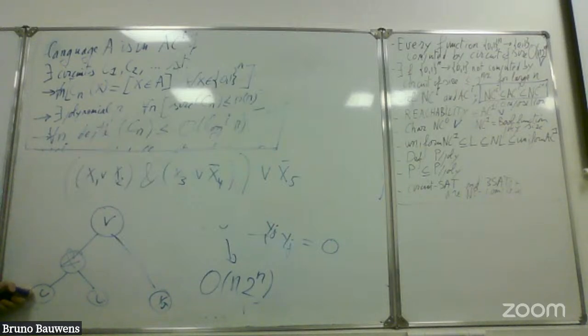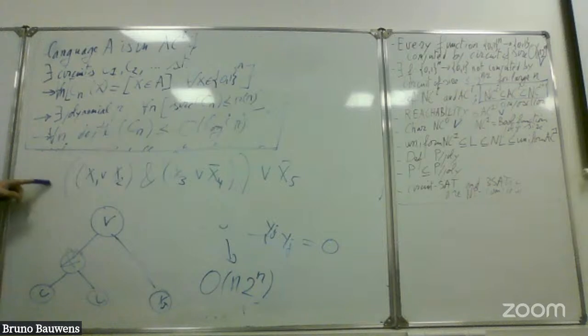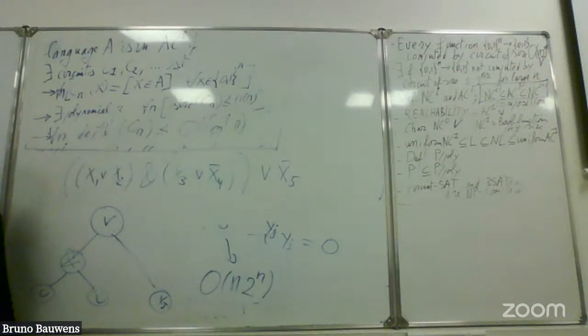But there is a little problem. We need an NC1 circuit, and it can be that the circuit is very unbalanced. If we have a formula of size n, the depth of this tree might be n on one side. We will deal with this later. We will first speak about the other direction.